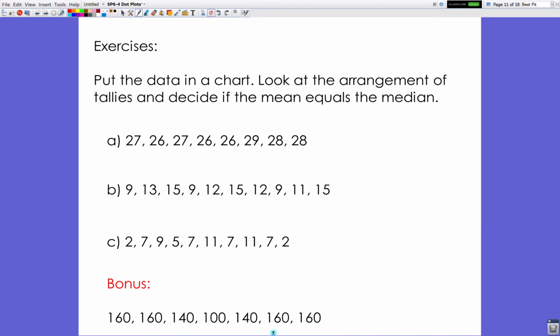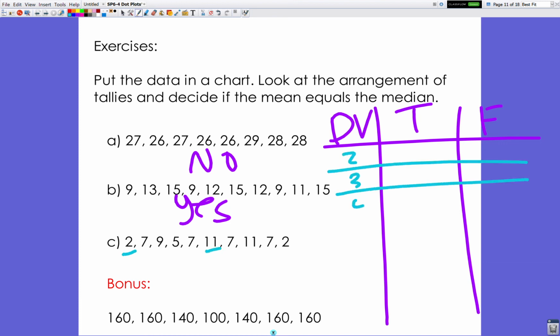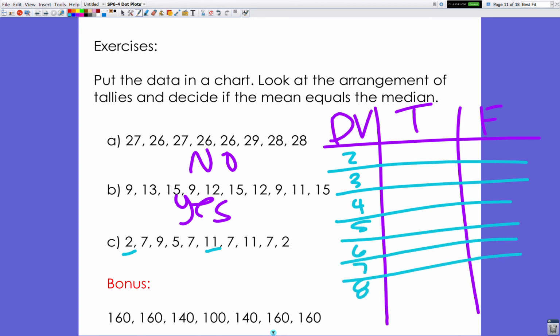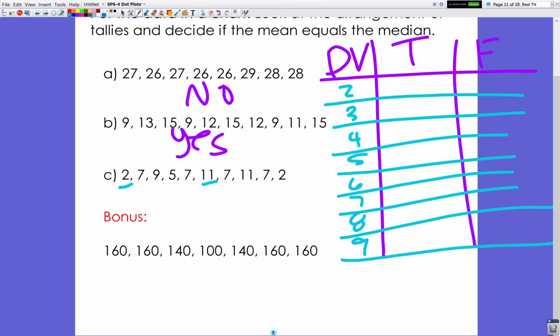Let's do C. So we got a no and a yes so far. 3 columns, data value, tally, and frequency. We've got all the way from 2 to 11, so 2, 3, 4, 5, 6, 7, 8, 9. I'm going to need some more room. So I need to extend these lines. 10 and 11.